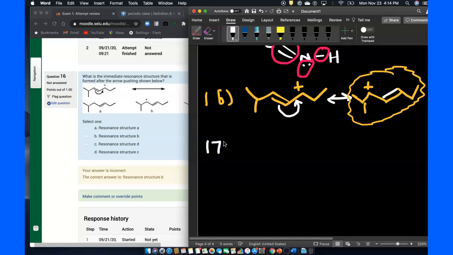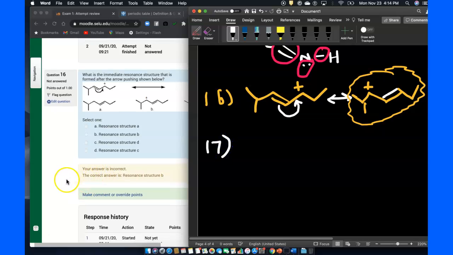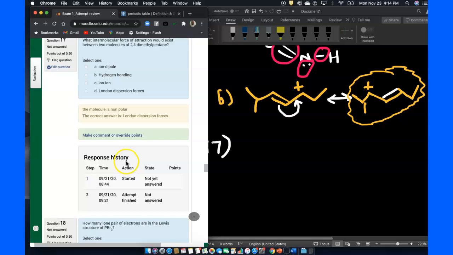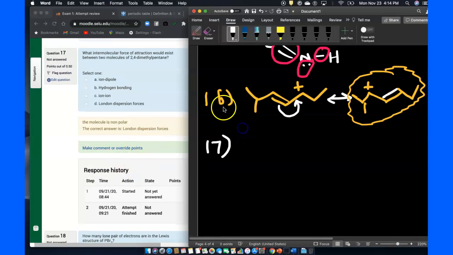17. I think you know the answer to 17. It was an easy one. 17 says, what intermolecular force of attraction would exist between 2 molecules of 2,4-dimethylpentane? That's an alkane. Alkanes will definitely have London dispersion forces.